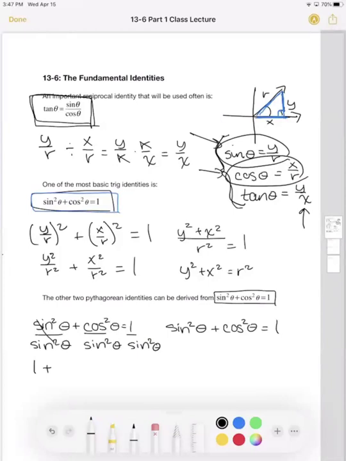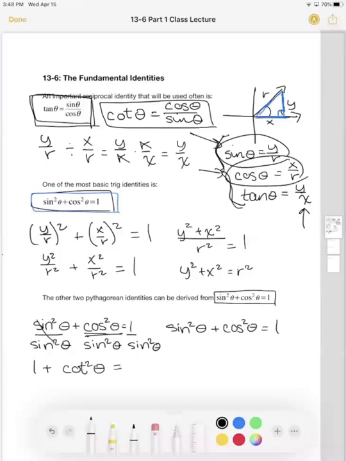If the tangent of theta is sine over cosine, then the cotangent of theta is going to be the reciprocal, the cosine of theta over the sine of theta. So we have that reciprocal function. So down below again, cosine squared over sine squared is going to simplify to cotangent squared theta.